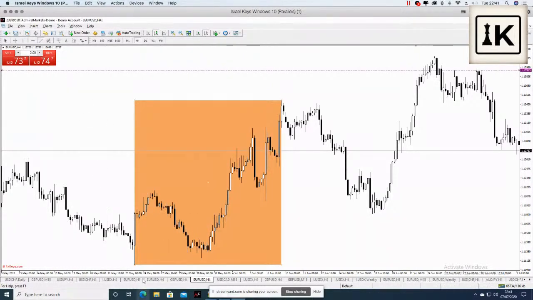There's a low there. It was respected. So a bullish liquidity profile respected. There was a high here. It was violated. That's why you had a market structure break.